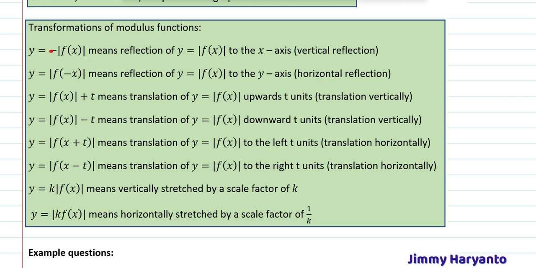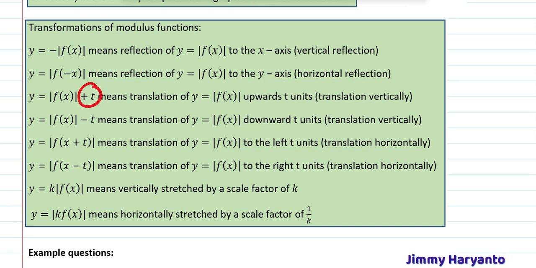If you see negative in front of the modulus, that means you have to reflect it in the x-axis, or you can say it's vertical reflection. If you see a negative attached to the x, that means you have to reflect the curve in the y-axis, or horizontal reflection.